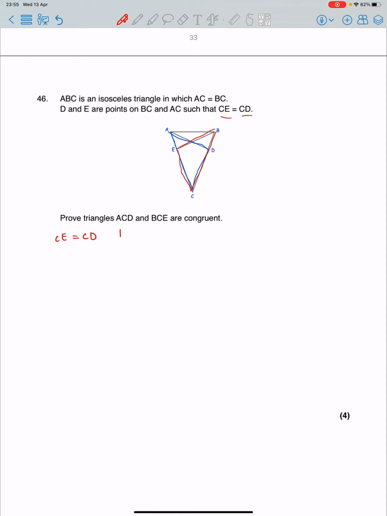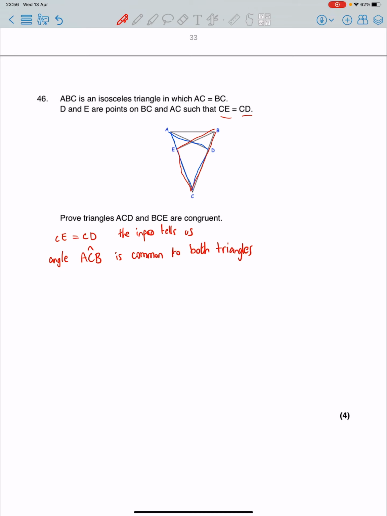The question says, the info tells us, basically, so that's one side that we have. We have ACB, so angle ACB is common. It's the same in both triangles, so they have to have the same angle. It's common to both triangles.